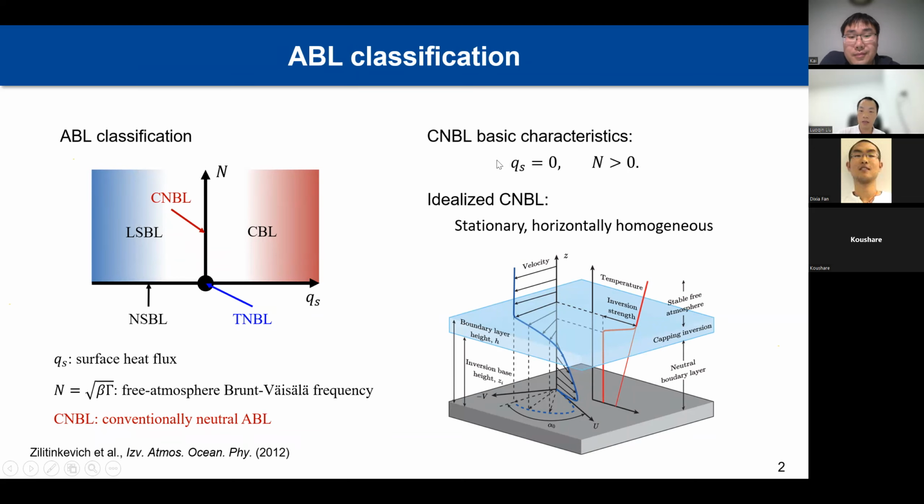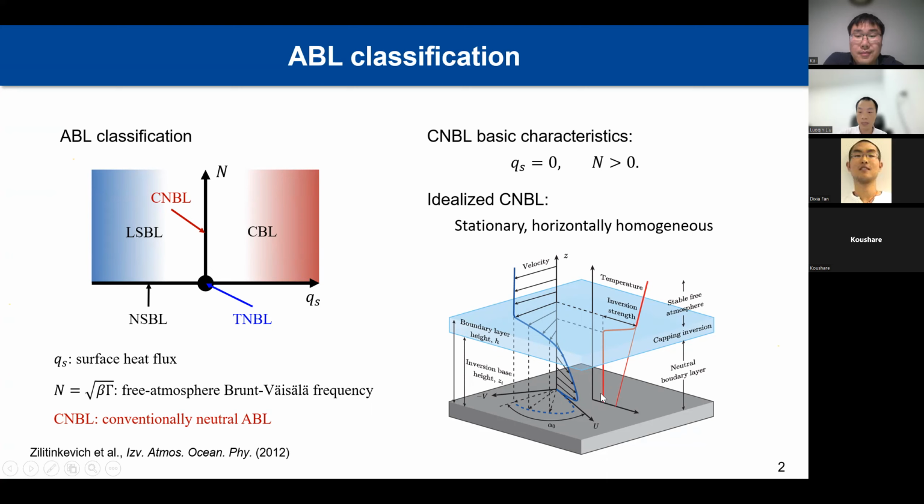It has two characteristics. First, the surface heat flux is zero, and second, the free atmosphere stratification is greater than zero. And to simplify the analysis, we need to make some other assumptions. Among these, I think the most important assumption is a stationary and horizontally homogeneous condition.